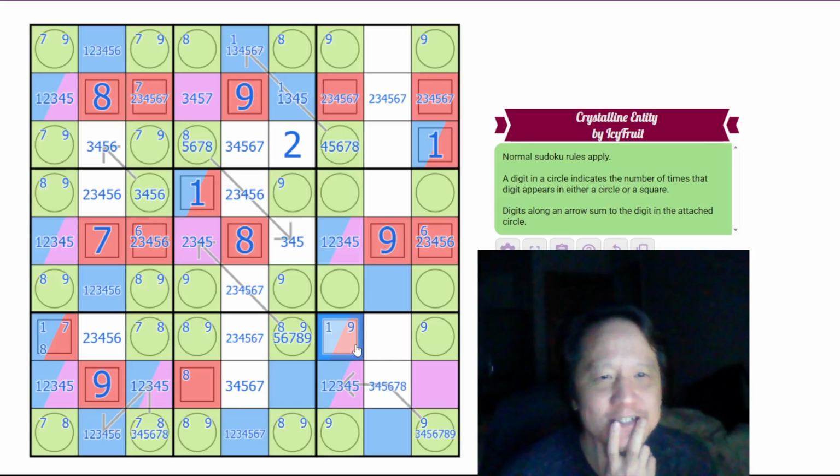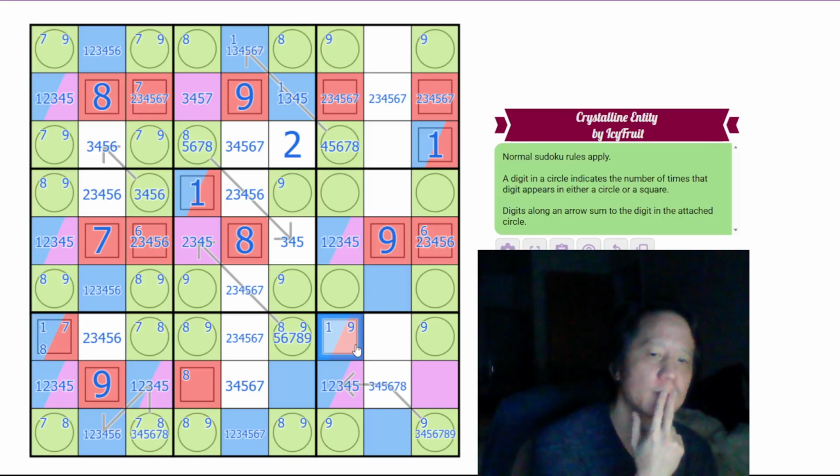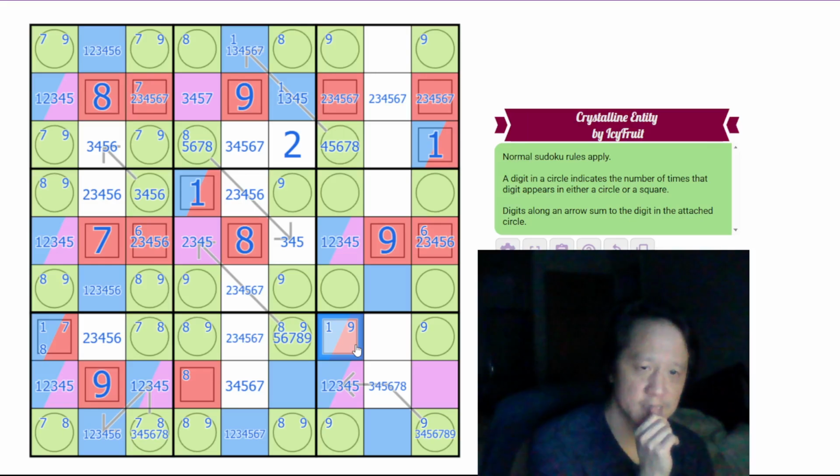Yeah. Still a little bit, I'm not sure where we're going with this. Hmm. 2 is only in 2 circles or squares, and it's in column 1, 3, 4, 7, or 9.